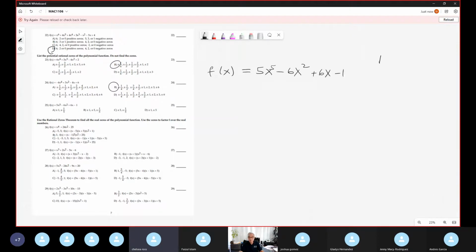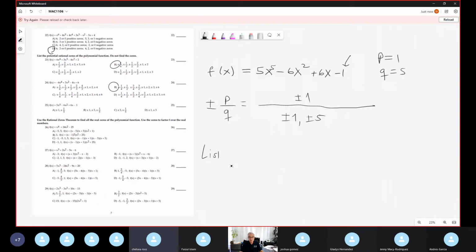So P is 1, it's obvious, that is 1. And Q is 5. And the formula says plus or minus P divided by Q. The factors of P, which is 1, is only plus or minus 1. And Q is plus or minus 1 and plus or minus 5.